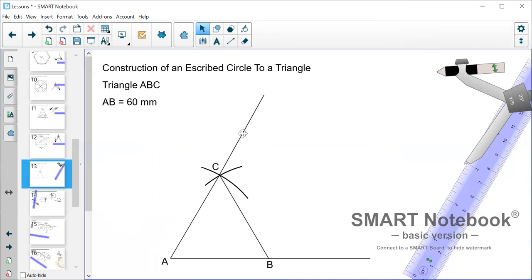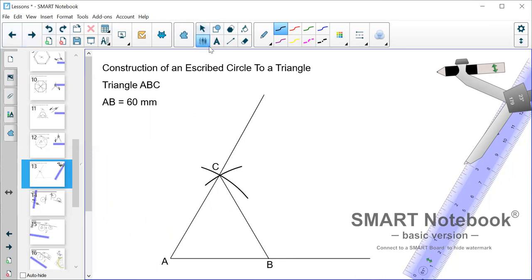Good. For this particular construction, we need to bisect the two exterior angles that are created after you extend these lines. So this angle that is created here and this one created here, we bisect those two angles.